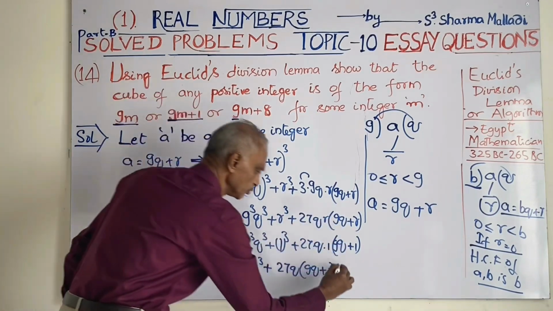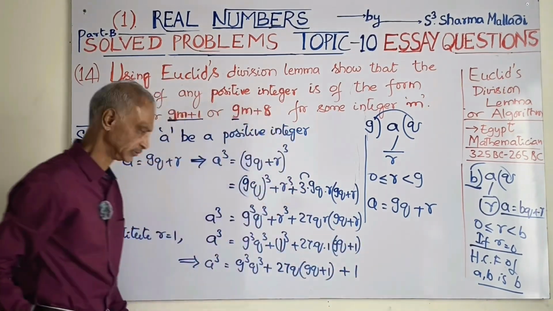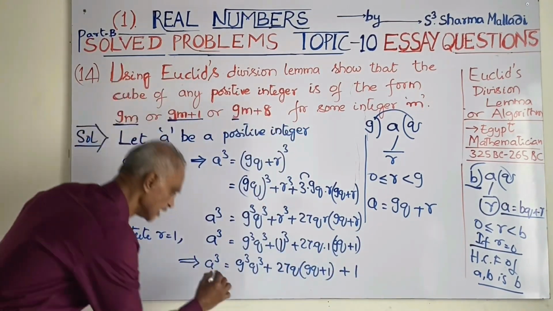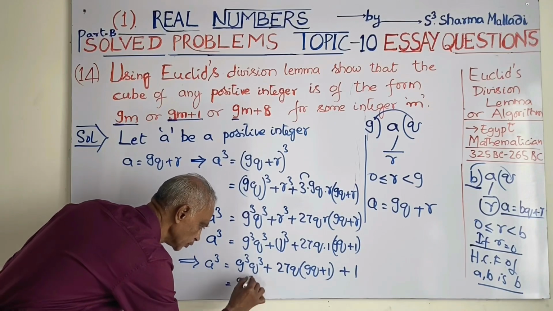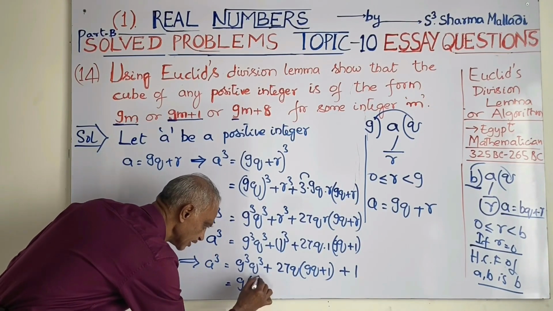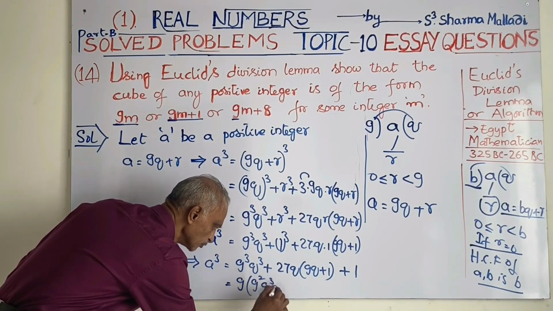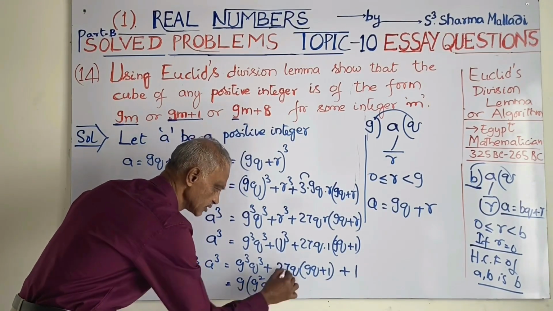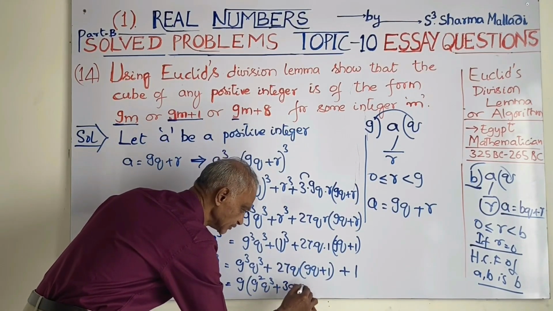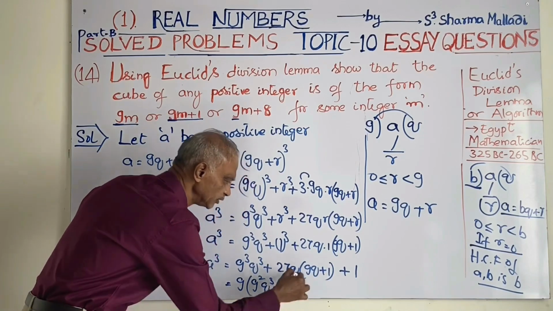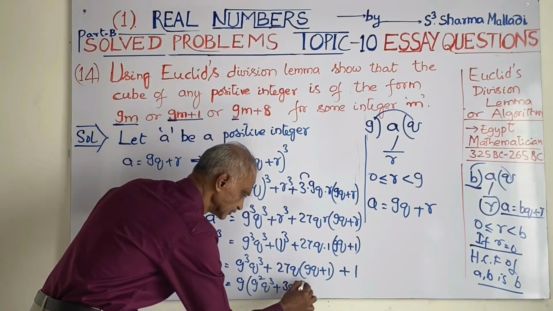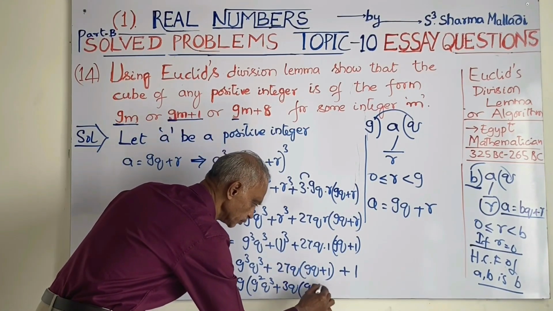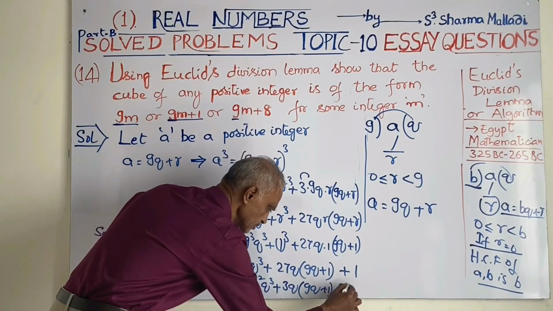This can be written as 9 into 9 square q cube plus 3q into 9q plus 1 plus 1.